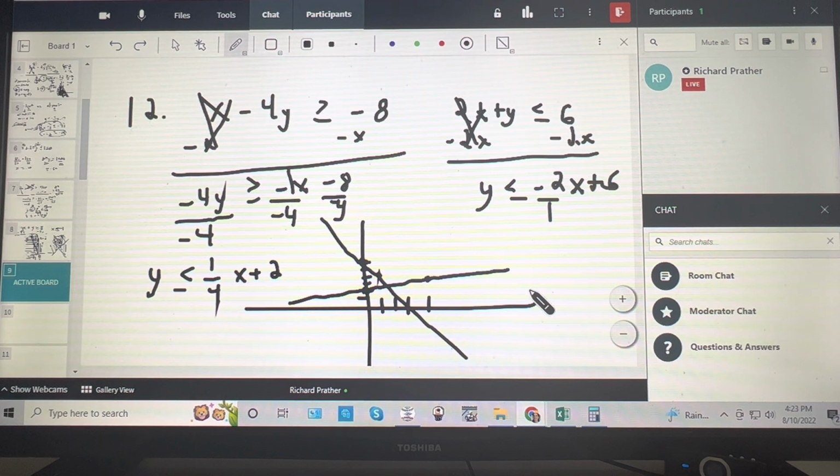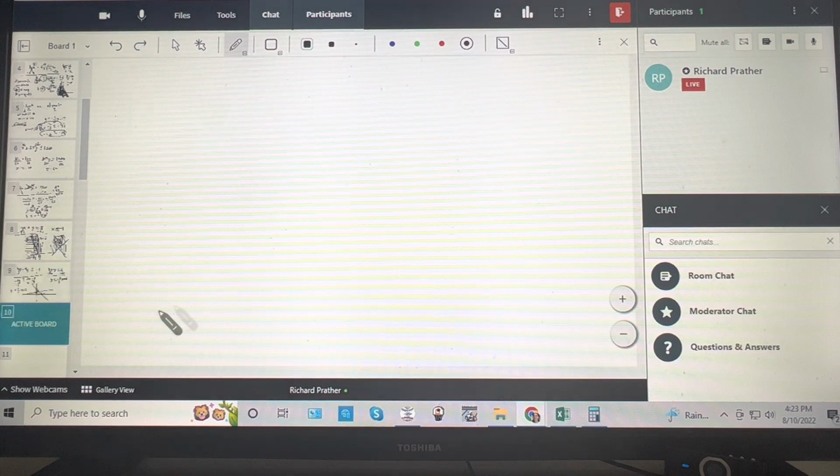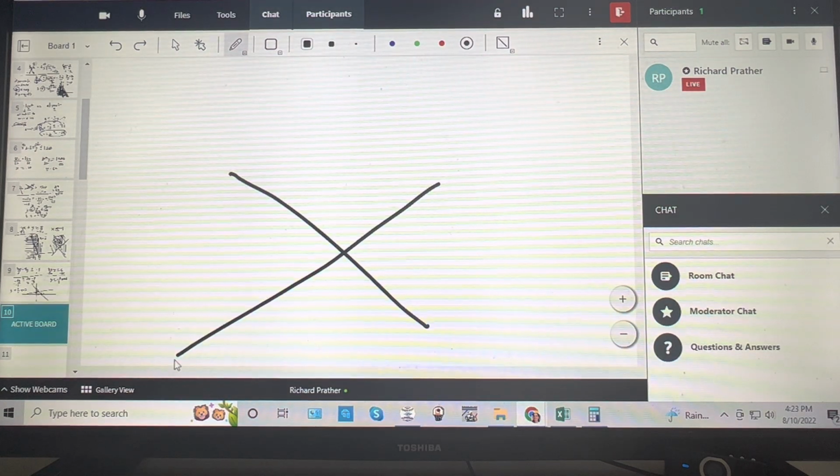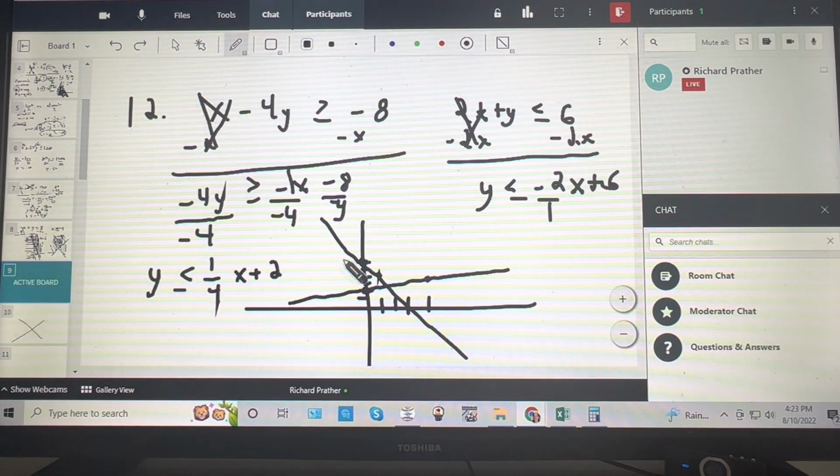So there's the x. You're either going to shade the top portion, the right portion, the bottom portion, or the left portion. And the main way to tell is do this on the side somewhere like this, and go back to each one of these. This one's less than or equal to, that's the one that started at 2.